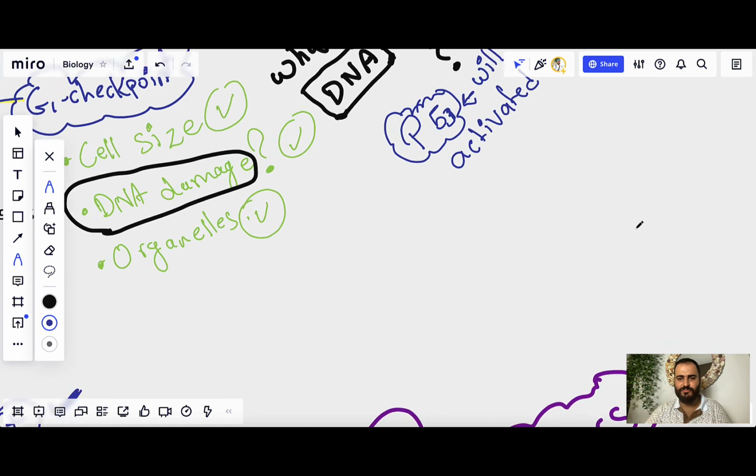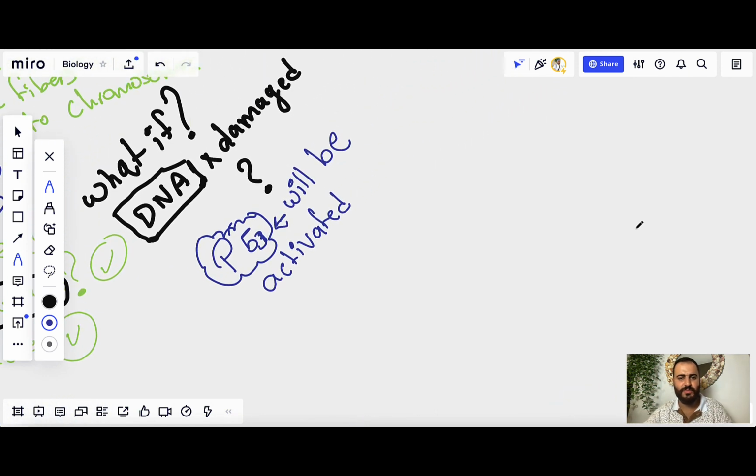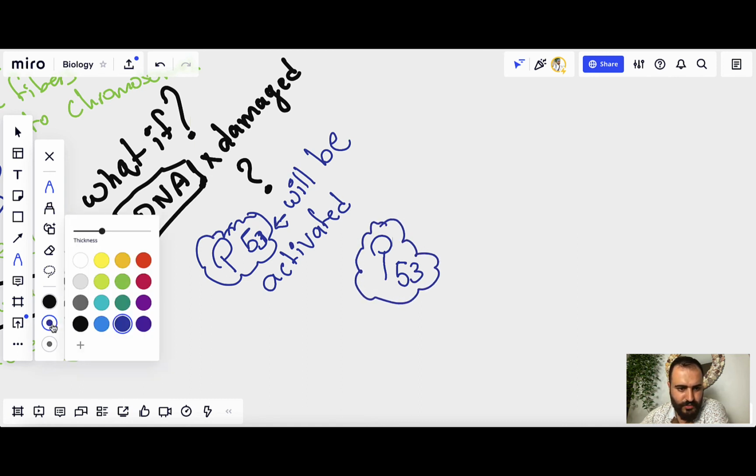And activation of P53 will lead to two choices.